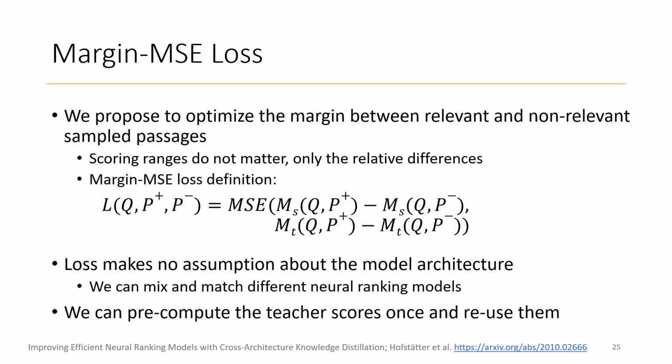We can mix and match different neural ranking models with that loss. So we have absolutely no assumption about a special architecture or attention distributions or so on. And we can pre-compute the teacher scores exactly once and reuse them, or even share them with the community so that the community can also reuse them.